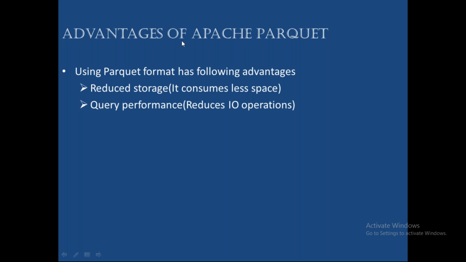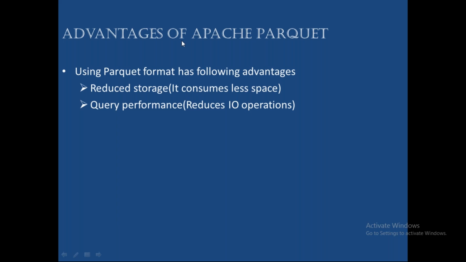Okay, and query performance. As we discussed, it's columnar storage, right? Columnar storage means all the data of a column will be adjacent. So when you query, for example, I want only course name, it will be quicker to access this data. That's why query performance will increase. It will reduce IO operations, meaning instead of searching the entire thing, it can search only specific locations and read all the course names.